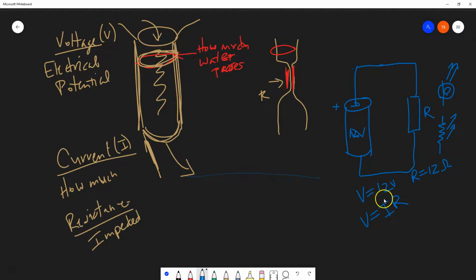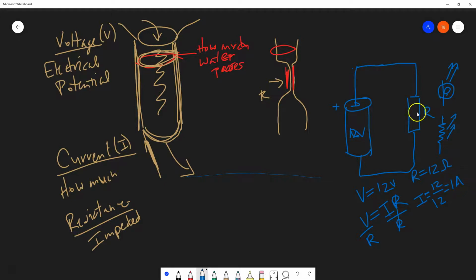If we solve this equation for I, we divide both sides by R, and then the R on the right side cancels out, so we have voltage divided by resistance is equal to the current. In this case, the voltage is 12, and the resistance is also 12, so the current is 1 amp. So I is equal to 1 amp.